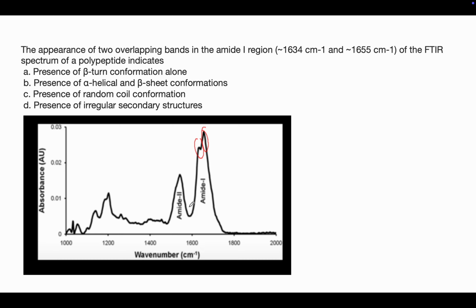These bands here indicate the presence of both alpha helix and beta sheet structures. So these bands comprise both alpha helix and beta sheets.